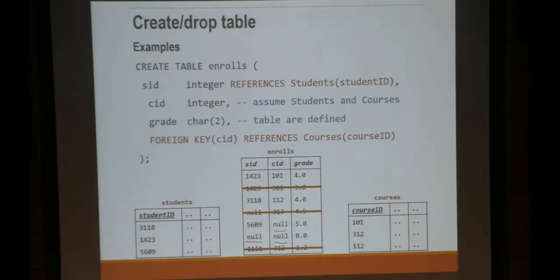Okay, so again, to see why the null is fine, you look at the definition itself. The definition says that either it appears as a primary key in the reference relation or the value is null. Okay? Now this is where something interesting is going on. So far, this particular row referenced this particular row, and then this particular row referenced this row from a different table. You can actually say that a pair references another pair.